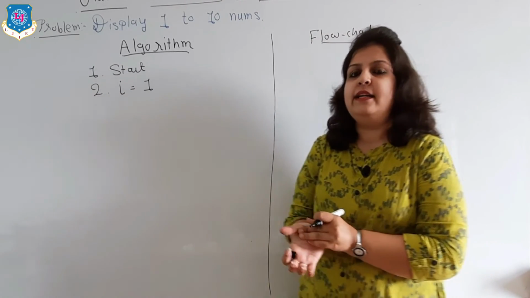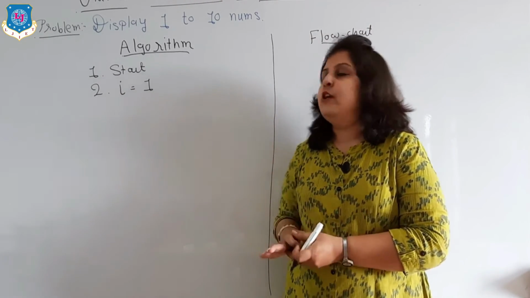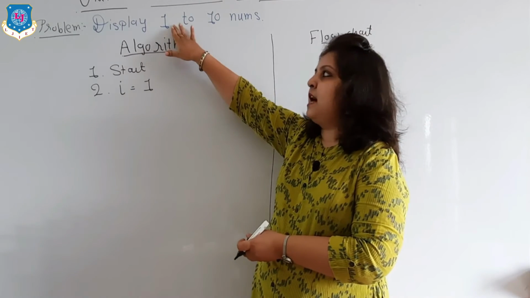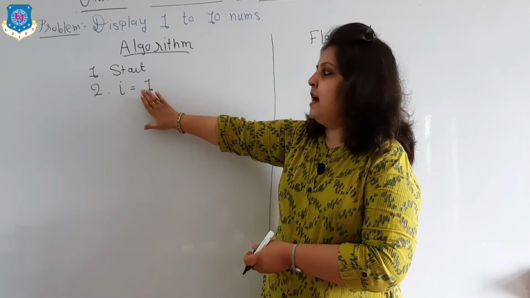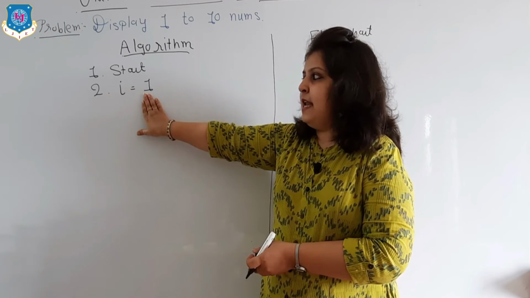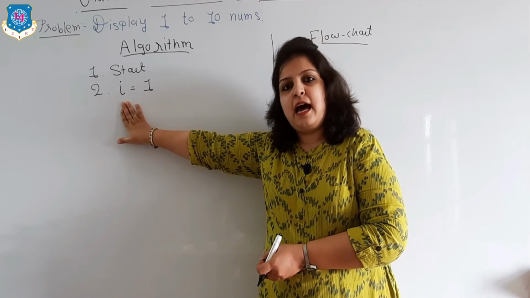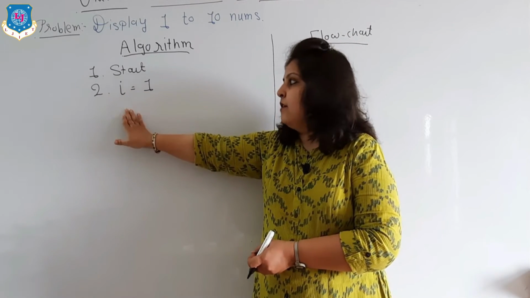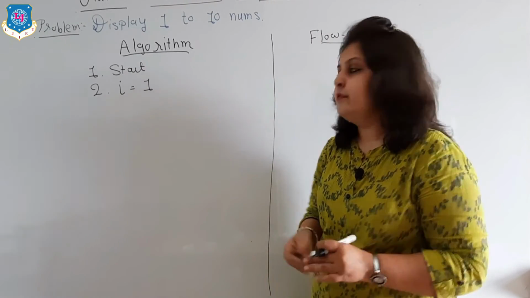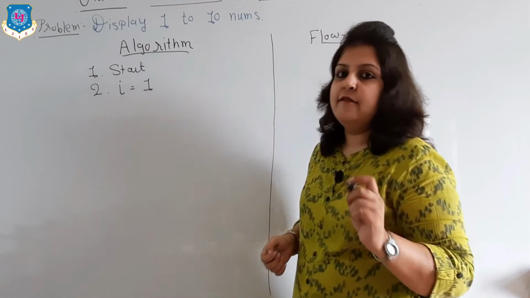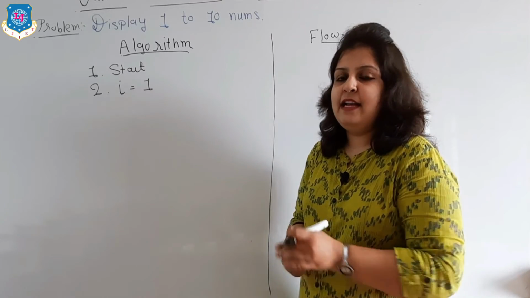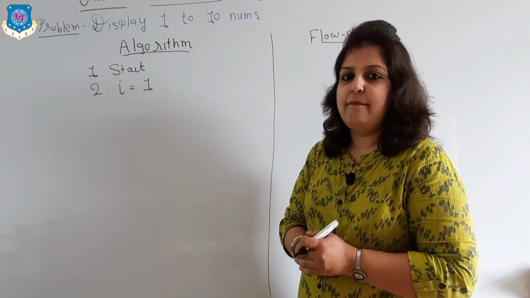Here we can't write input I, because we compulsorily have to start from 1. That's why I am assigning the value 1 to our variable I in advance. Next we write our process, which is display the value of I and I is equal to I plus 1.